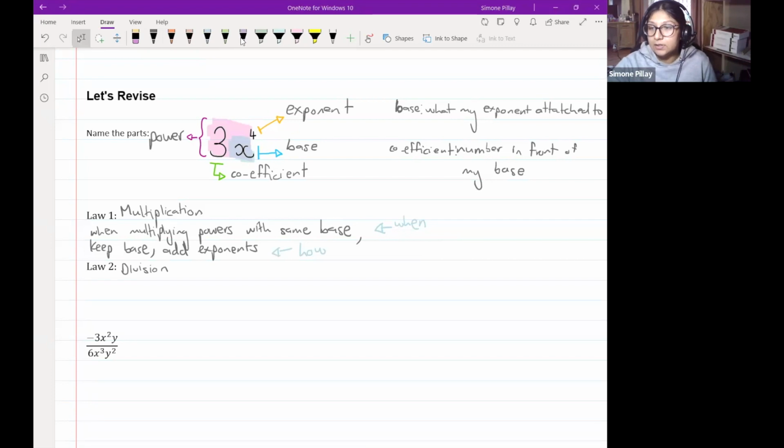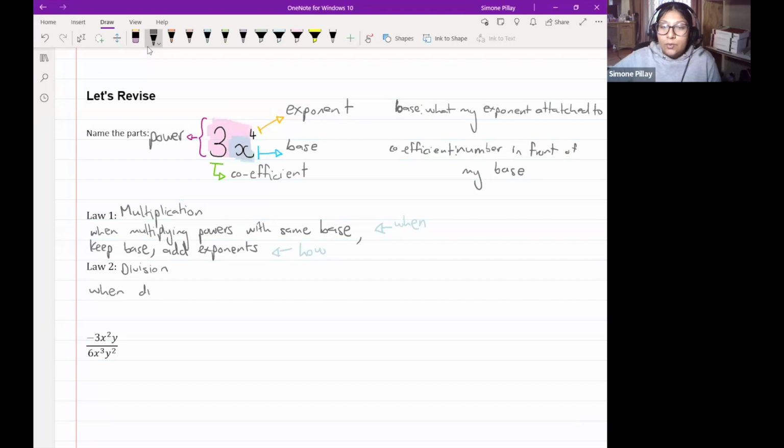Okay, so Mohammed, we are dealing with exponent laws over here. Yes, a negative and a negative does equal a positive, but that just has to do with multiplication in general, not multiplication of our exponents as such. So when you divide powers with the same base, minus the exponents, 100%.